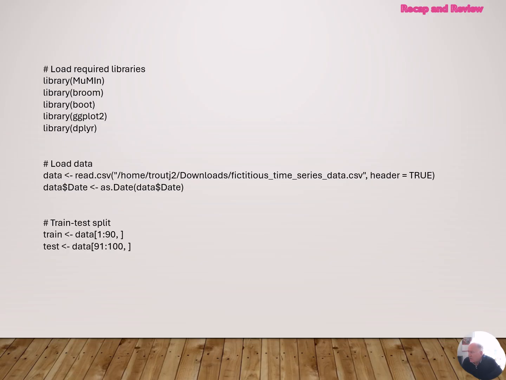And we'll go ahead and load the data, and get the data from the file, and then we'll train it, and then the test data. We'll take the data and use 90% of it to train. So in this case, there's 100 points. So I used 1 through 90, and then the test data was 91 through 100.